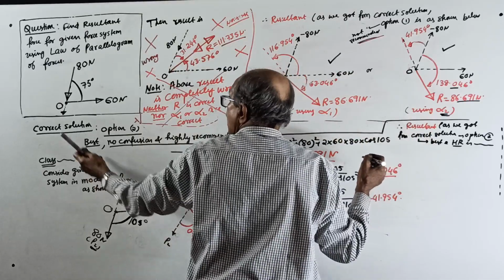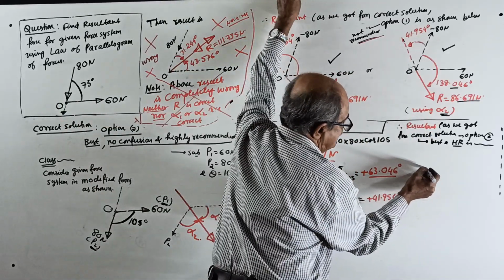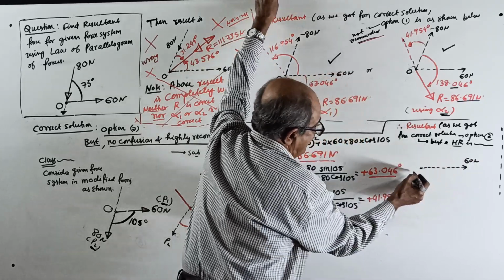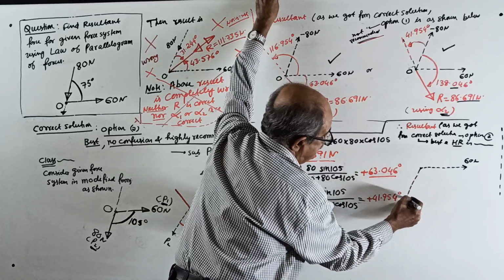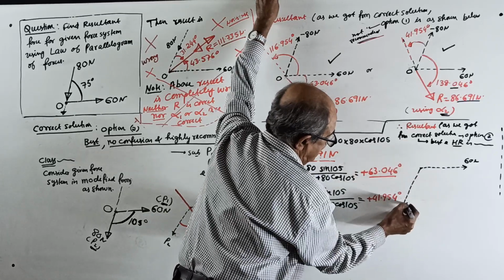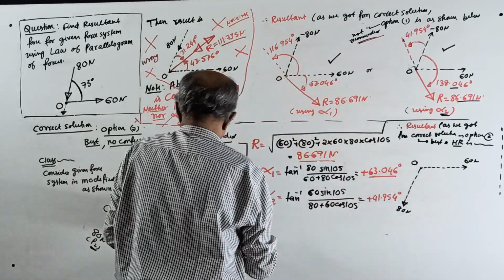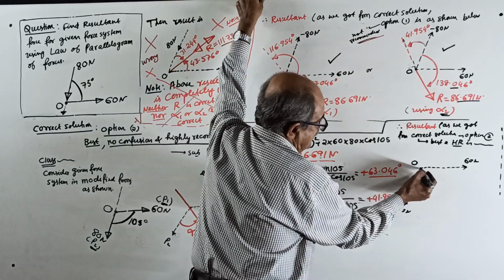See here, as shown below. In this sketch, point O is here, 60 Newton not required. The other comes this side, 75. Scale I am not bothered about. 80 Newton, point O. The resultant goes like this.